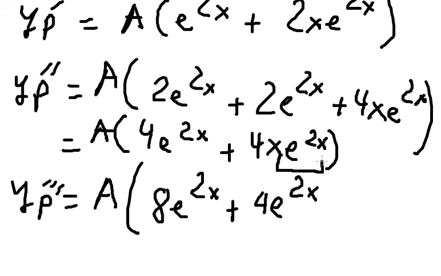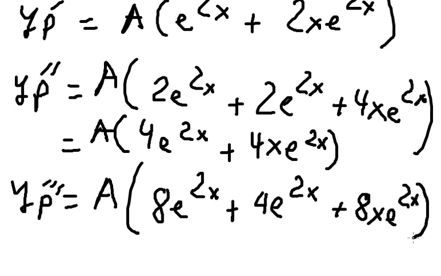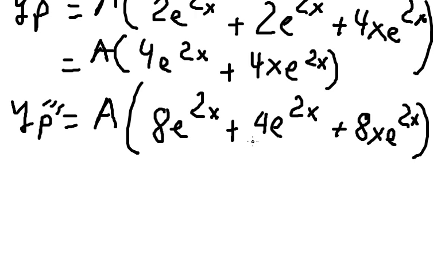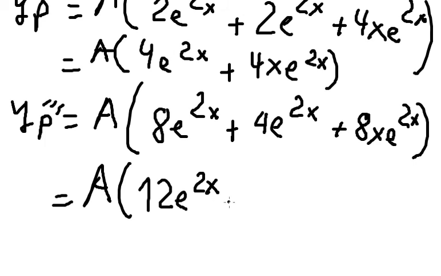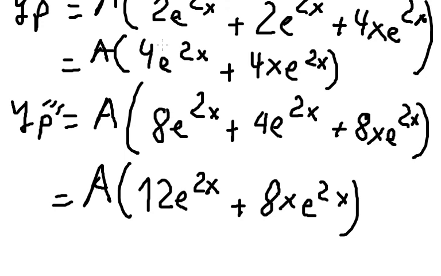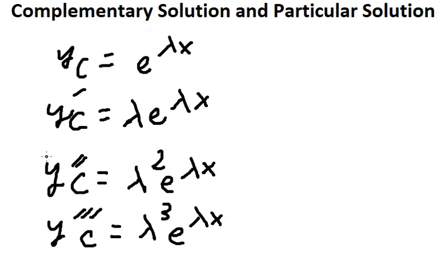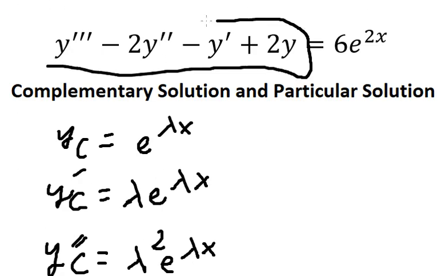We do the first derivative of this one, we have 8s e to the power of 2s. 8 plus 4, you get 12. Now we put everything in here, into this equation.